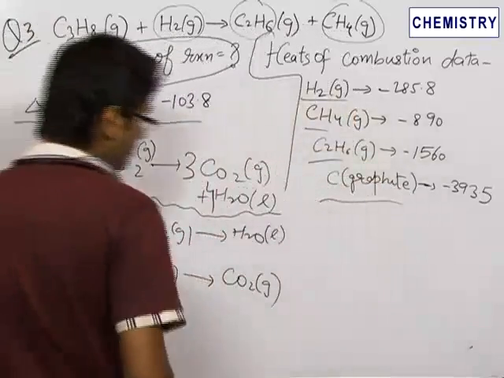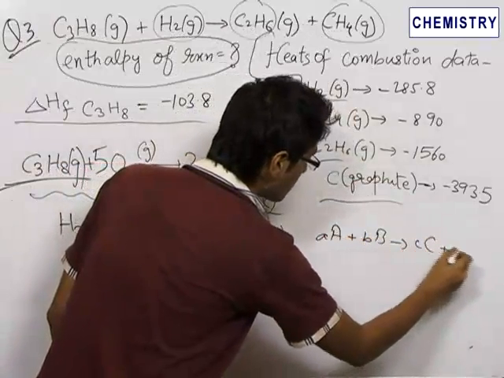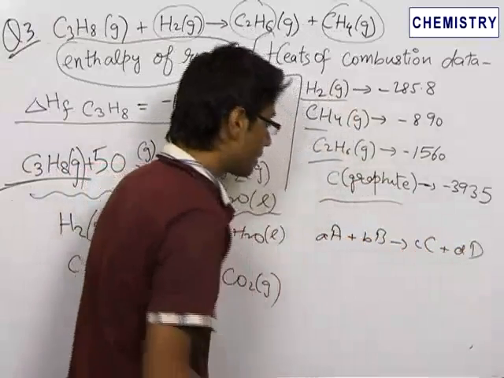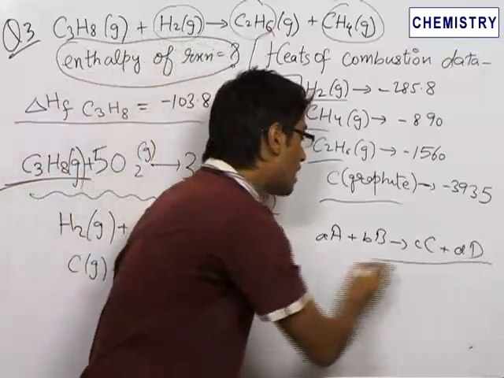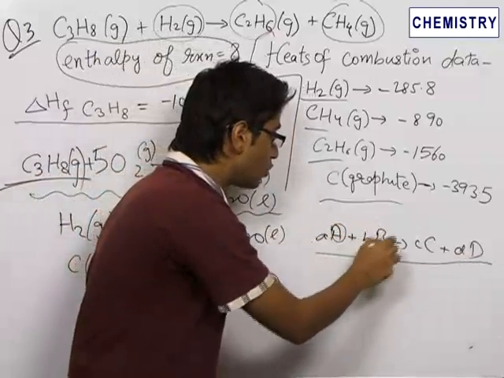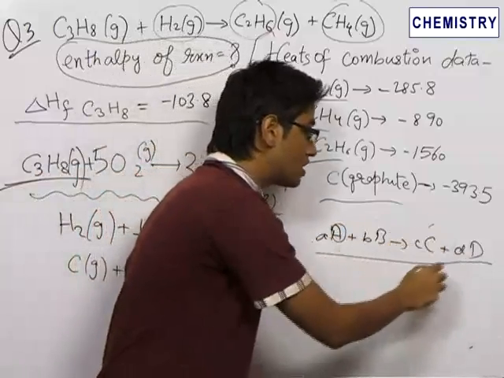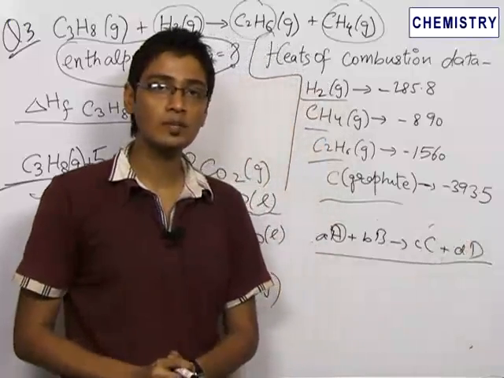For any reaction, a moles of A plus b moles of B giving c moles of C plus d moles of D, as in the heat of combustion, the enthalpy of this reaction is a into heat of combustion of A plus b into heat of combustion of B minus c into heat of combustion of C minus d into heat of combustion of D, as the total enthalpy of the reaction.